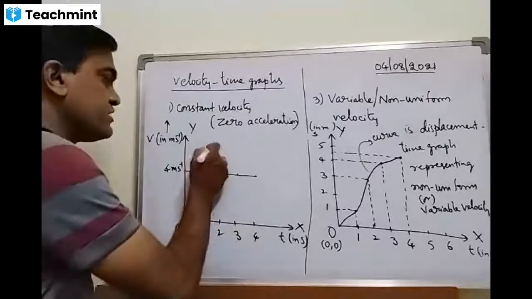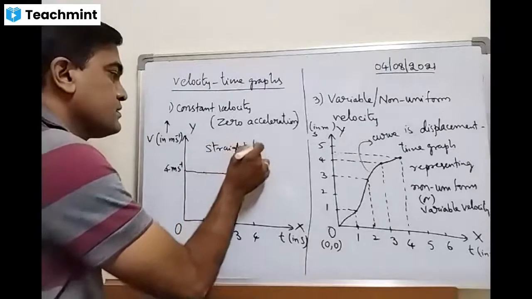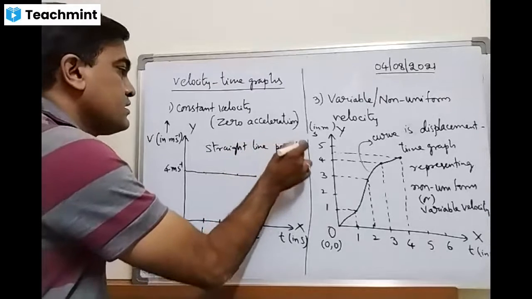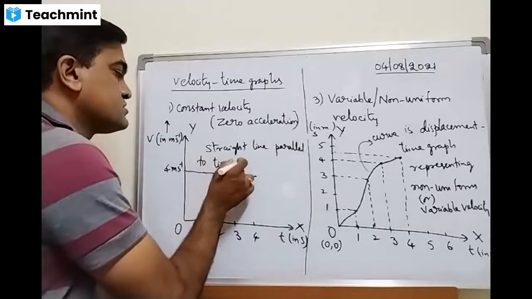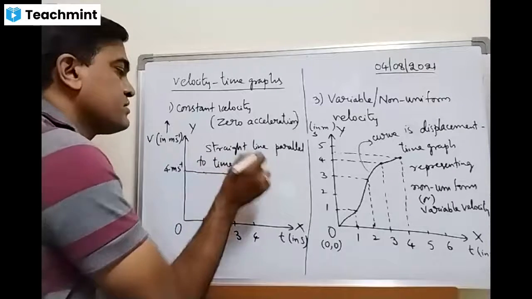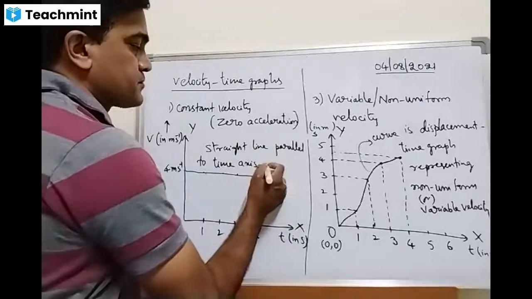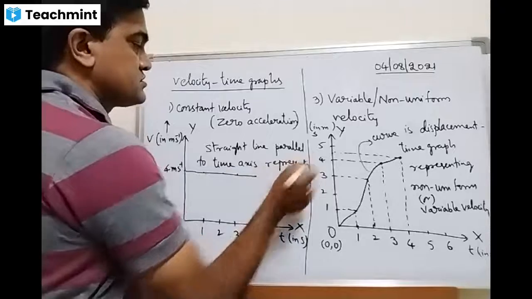So nature of graph is straight line parallel to time axis, which is nothing but x-axis. Time axis represents what?